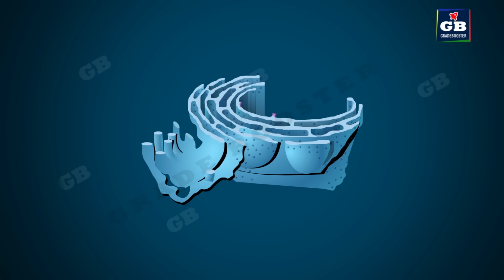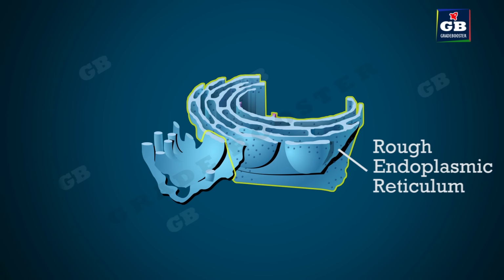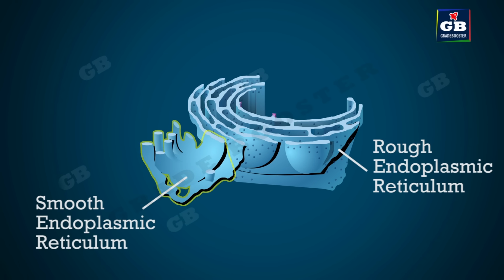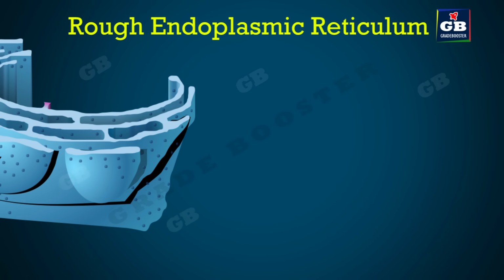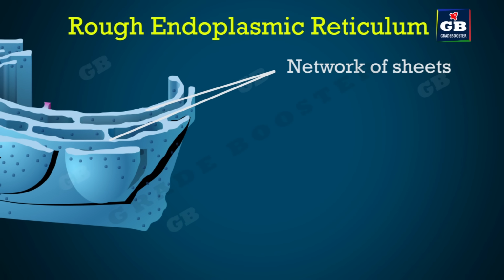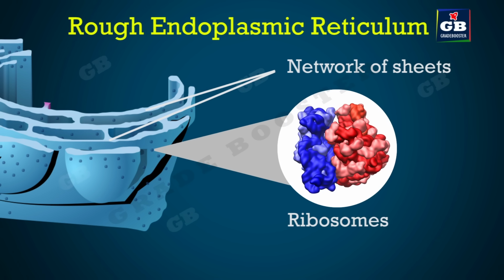The endoplasmic reticulum is of two types. This is rough endoplasmic reticulum and this is smooth endoplasmic reticulum. The rough endoplasmic reticulum is like a network of sheets folded around. There are so many dot-like structures present in the rough endoplasmic reticulum.